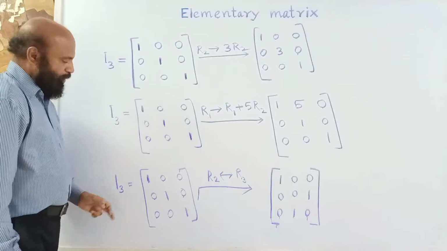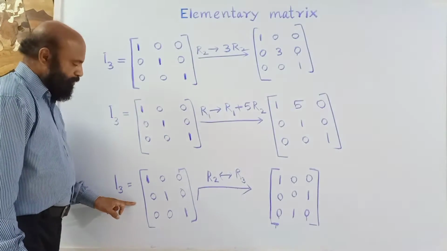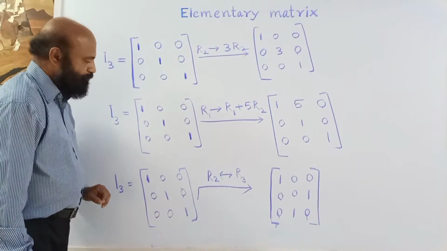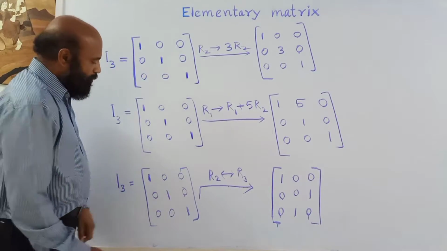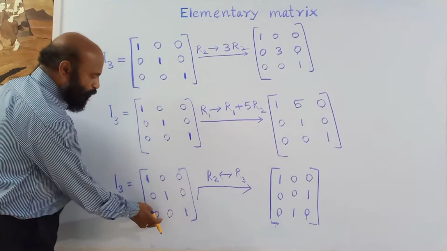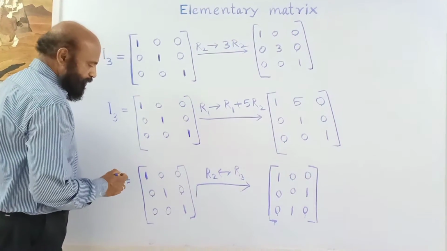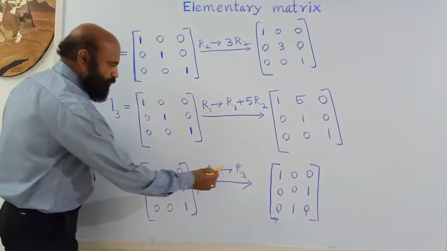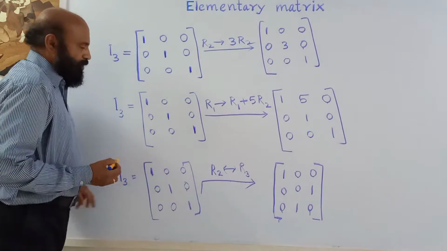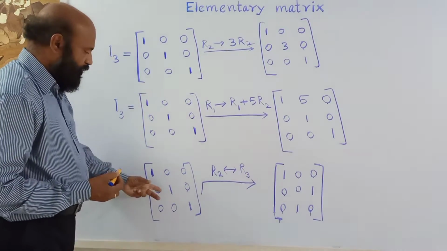One more example. So this is also an identity matrix of order 3. Here the third row and second row we are interchanging. So we are performing only one elementary transformation. First row, there is no change: 1, 0, 0. Third row and second row you interchange.